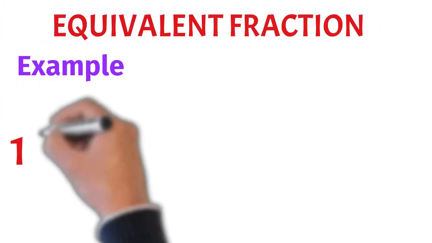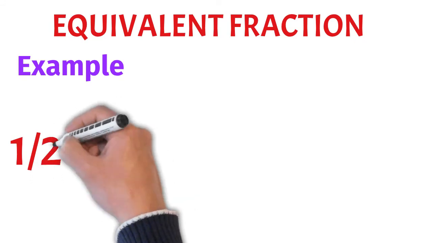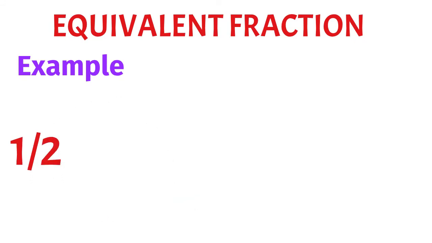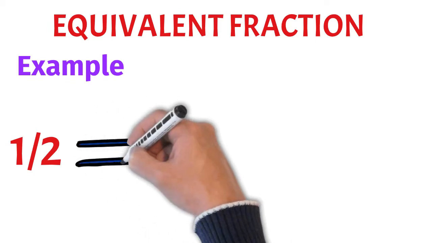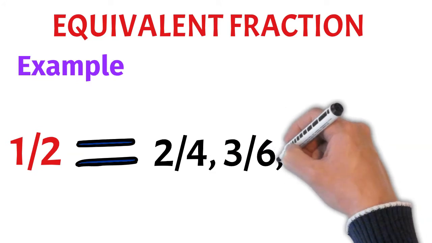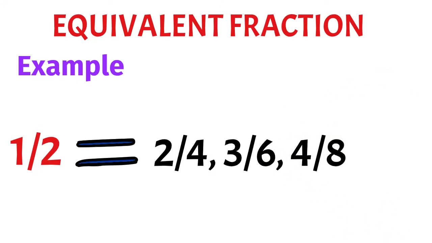For example, let's find the equivalent fractions of 1 by 2. By multiplying both the numerators and denominators of 1 by 2 by the same number 2, 3 and 4, we will get the equivalent fractions 2 by 4, 3 by 6 and 4 by 8 respectively.